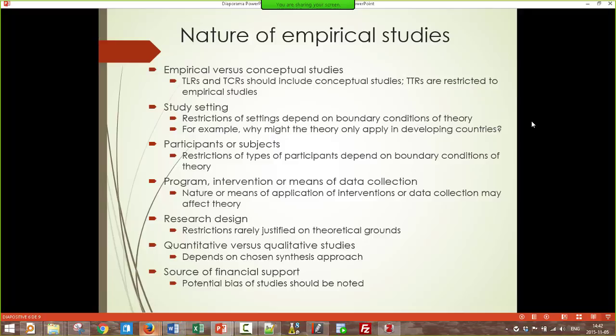But that doesn't fundamentally change your theory, because that way people who are interested in developed country context can still learn from your study. Because your study is not saying it's only for developing countries. And if you're really contributing to knowledge, it probably is not.